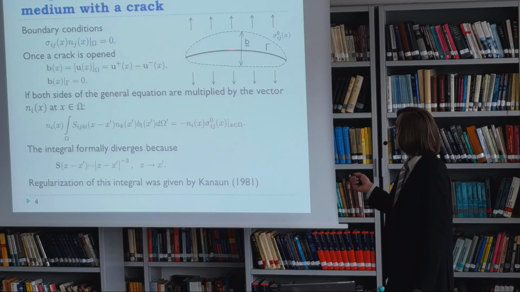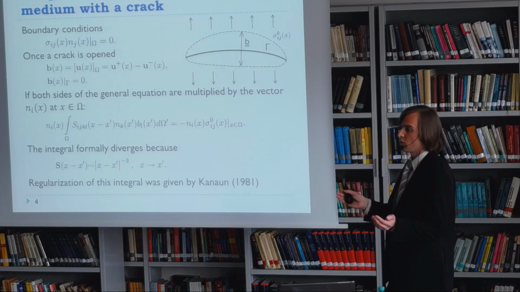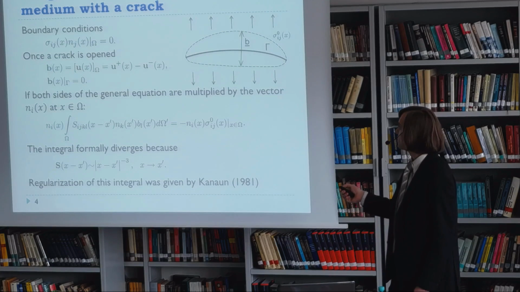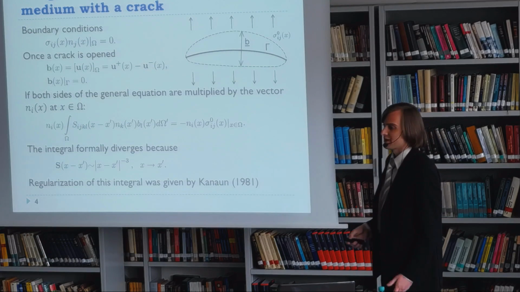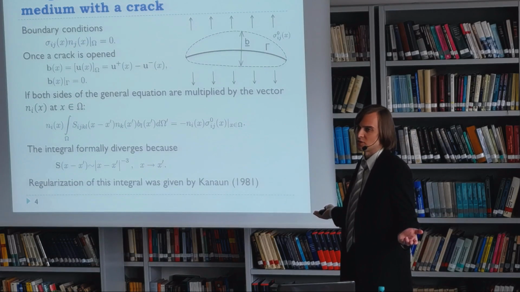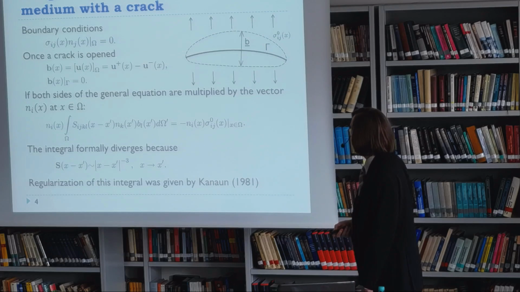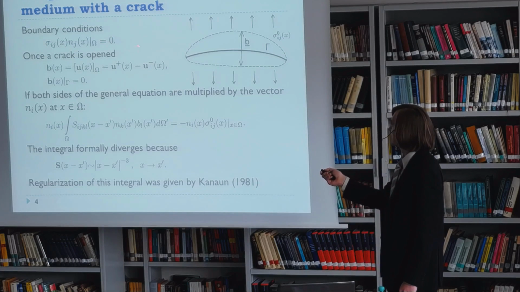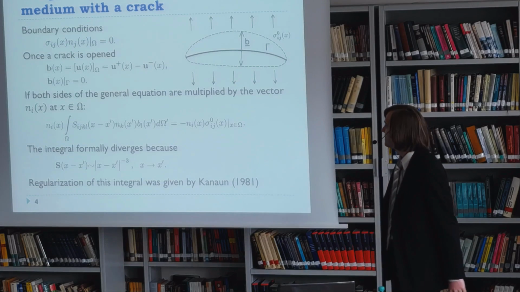Well, as I have mentioned, if we apply some stress, the crack will open. So from here come our main boundary conditions: if the crack opens, it becomes a void, so it is logical to suppose that the crack is free of any stress. So the crack surface is stress-free.